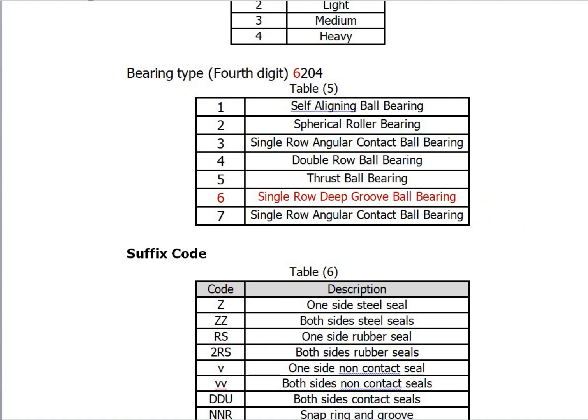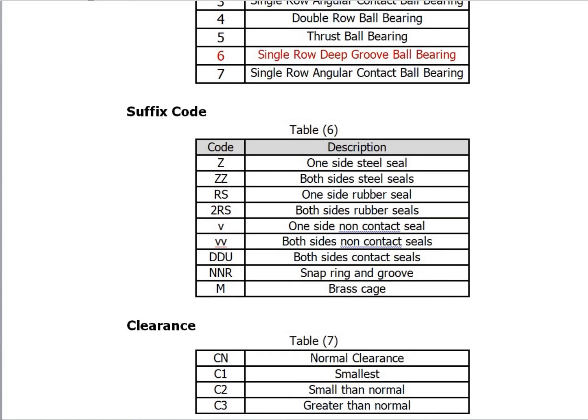Suffix: we can find letters to the right of the number. For example, if we find Z, that means one side steel seal, or a type of protection made from steel.